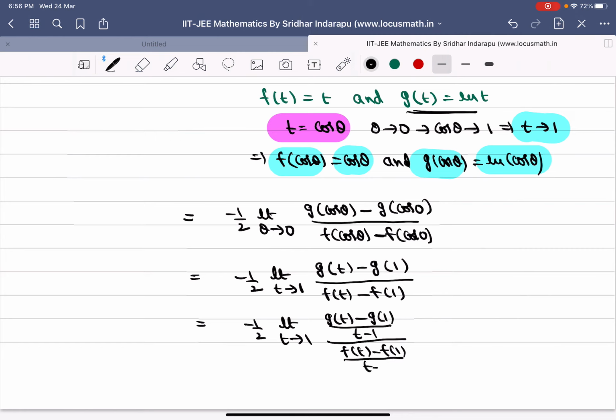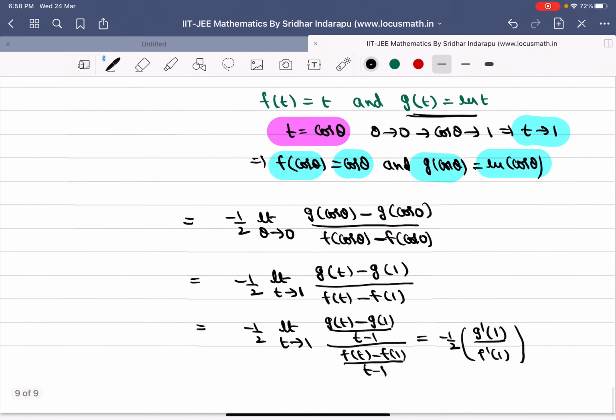This equals minus 1 by 2 into limit t tends to 1 of (g of t minus g of 1) by (t minus 1), which is g dash 1. Similarly, limit t tends to 1 of (f of t minus f of 1) by (t minus 1) is f dash 1. So this is equal to minus 1 by 2 into g dash 1 over f dash 1.